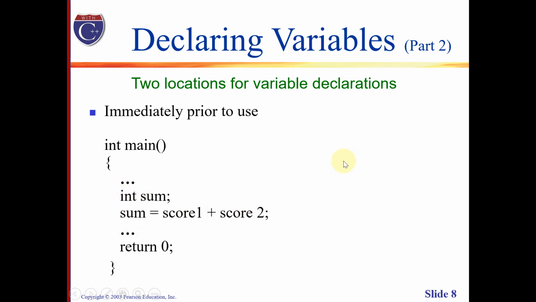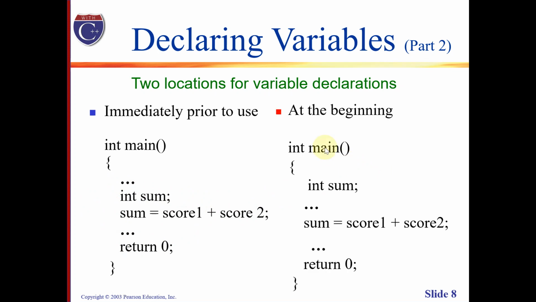Or we can also use it this way, at the beginning. For instance, we have the main function of our program, and before everything else, we declare all our variables. Either way, both should work.